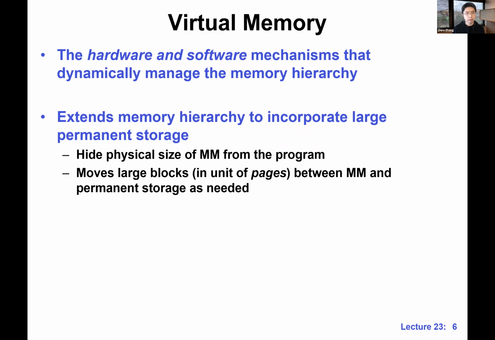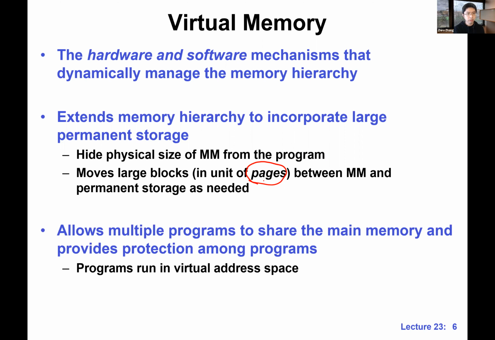So think about the blocks. For cache, we are moving so-called memory blocks or cache blocks between the cache and the memory. In this case, we are moving so-called pages. I'm going to come back to this concept. We're moving a much larger block between the main memory and the storage. This is one thing that we do.